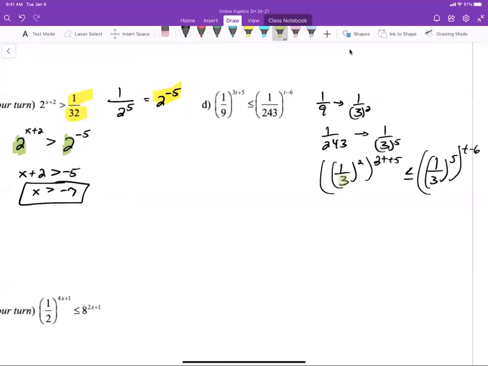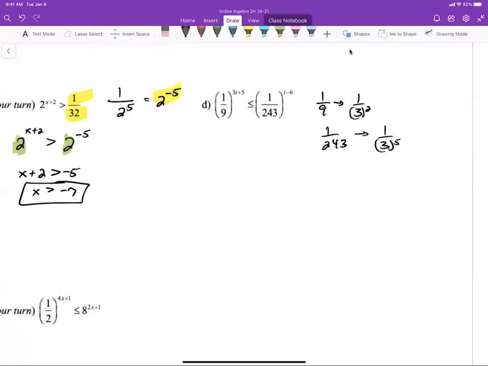But we would have that situation where my bases are no longer greater than 1, and I would have to switch my signs here. So this is not what we want to do, okay. We would like to create it such that the bases are greater than 1. So how do I do that?